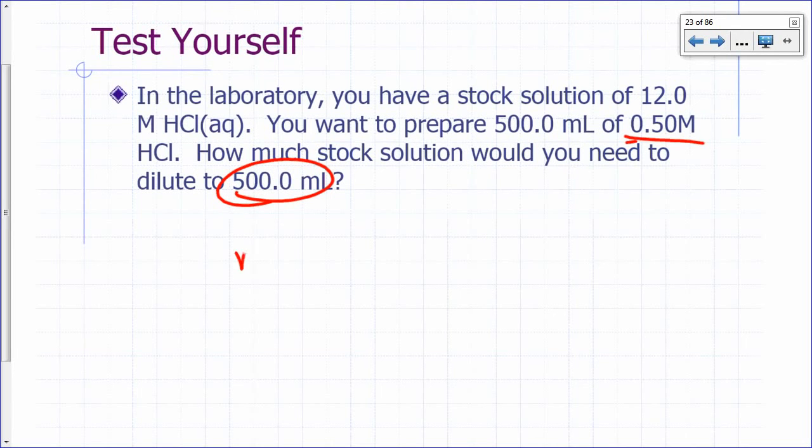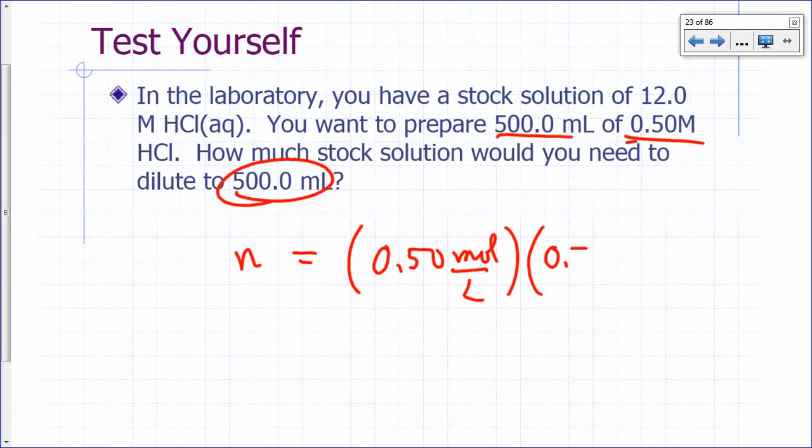The number of moles you need is molarity times volume: 0.50 moles per liter times 500.0 times 10 to the negative 3 liters, that's half a liter, 0.5000 liters.